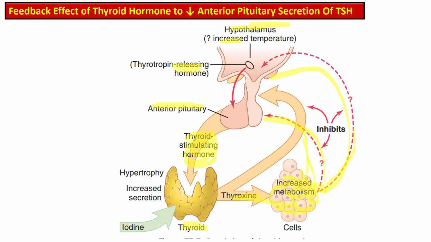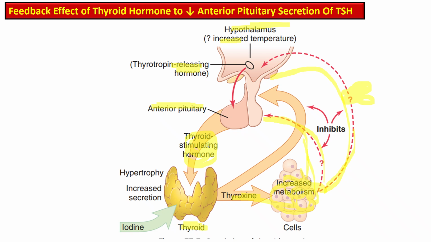This thyroxine effect on the hypothalamus is still uncertain, and it is possibly via temperature regulation or metabolic rate change or neurogenic stimuli.